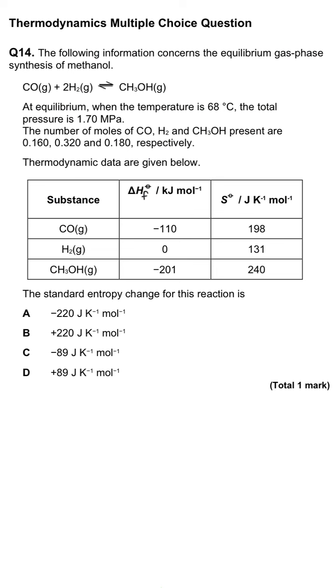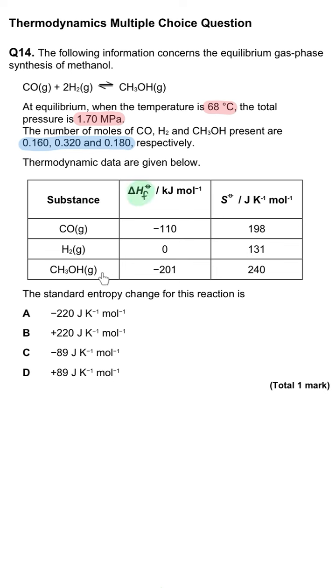The following information concerns the equilibrium gas phase synthesis of methanol, and here is methanol on the product side of this reversible reaction, this equilibrium. We've been told that the equilibrium temperature is 68 degrees C, the pressure is 1.7 megapascals, and we've been given some moles of the reactants and product. And then we've got some thermodynamic data in the table underneath.